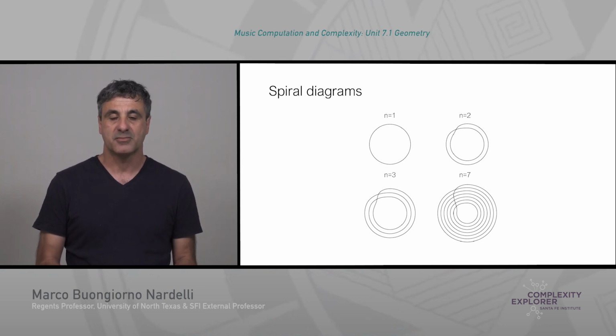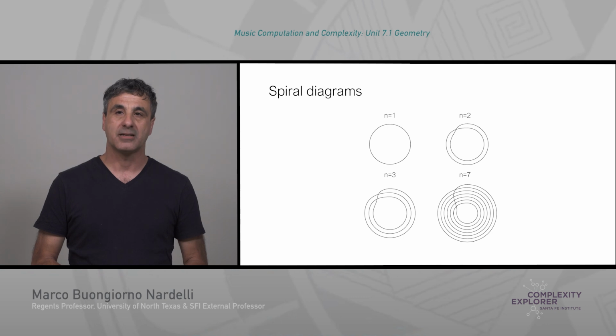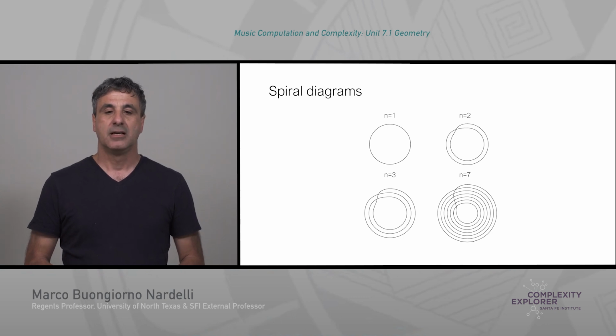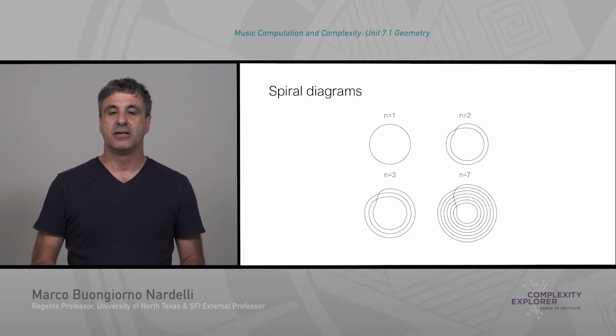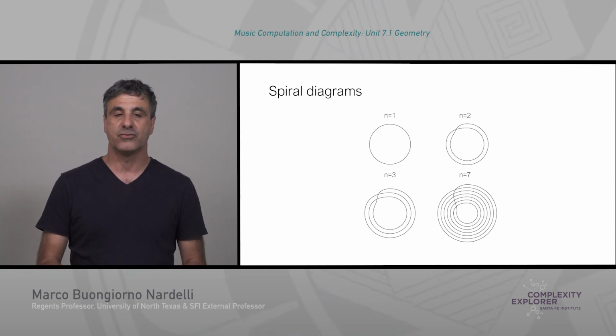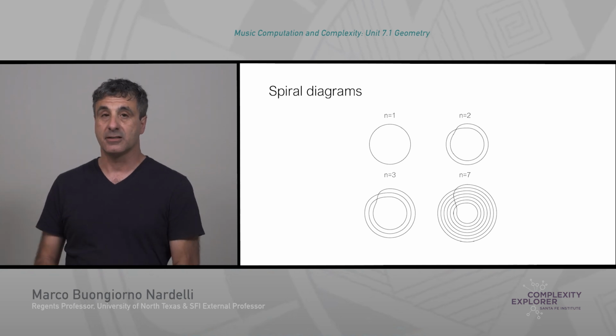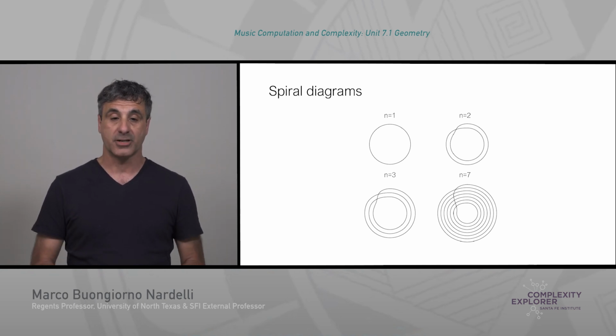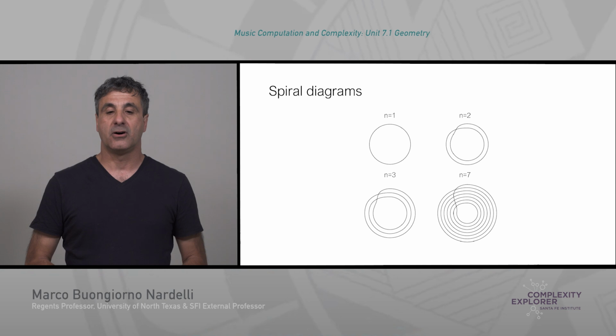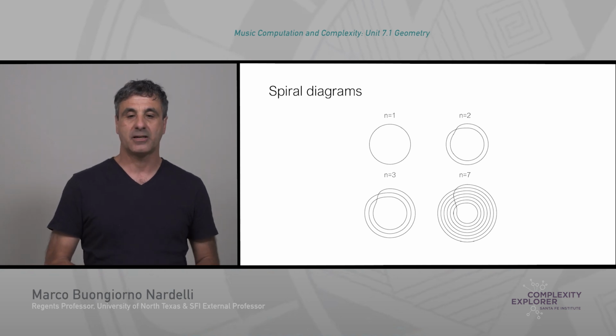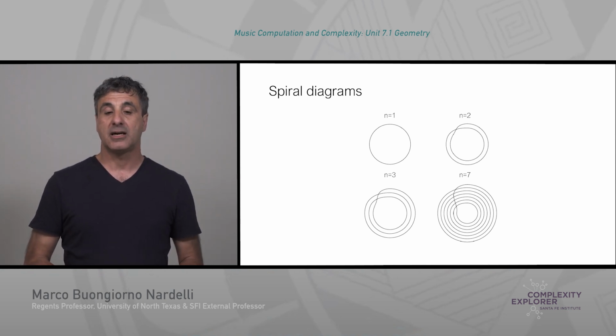Spiral diagrams come from the drawing of spirals, actually, that represent a way of combining together chords and scales so that then we can use this visualization to generate different chord progressions. The number of loops that you have in the spiral corresponds to the cardinality of the chord.